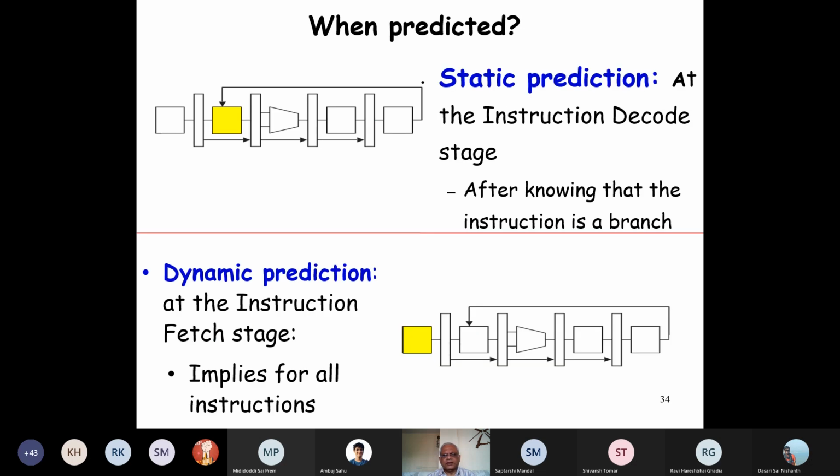Now the static predictor works based on the instruction type, and the instruction type is known at the decode stage in the MIPS pipeline, so at the second stage we will predict.